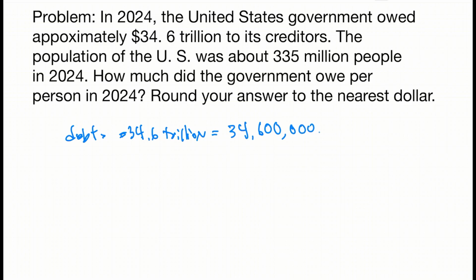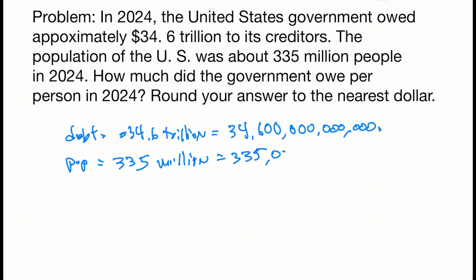There's your millions, hundreds, thousands, and then your thousands. So there's our number. Now, the total population, we said, was 335 million, a little more manageable number, 335, and then we've got 6 zeros there. So there's what we do know, some big numbers.